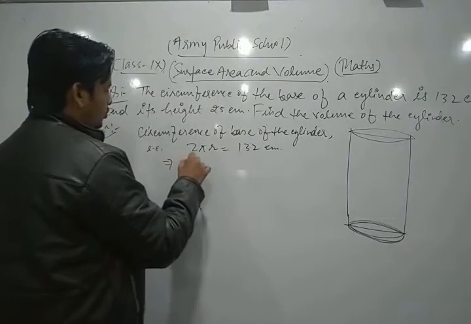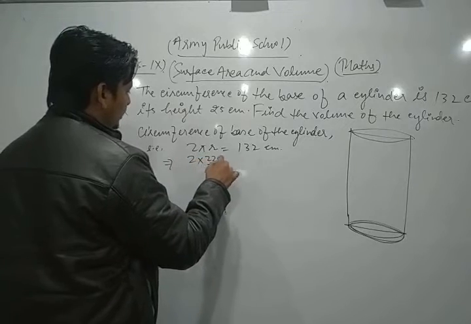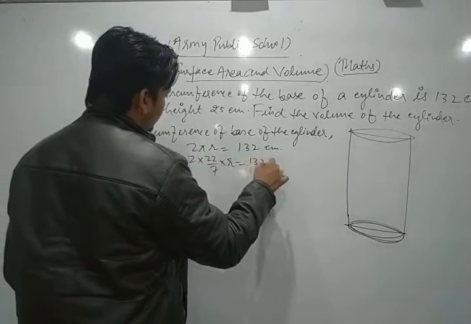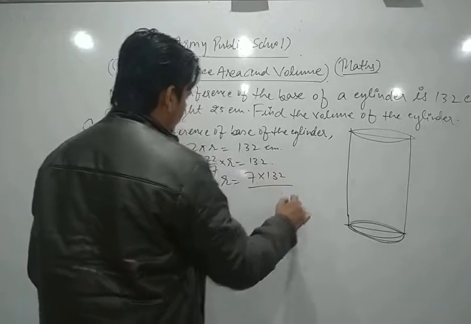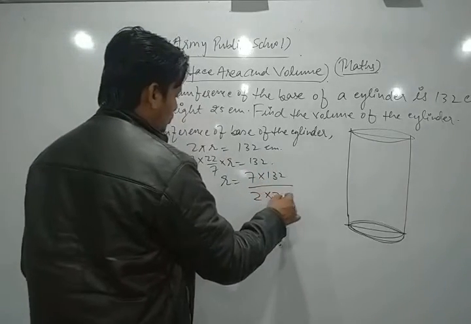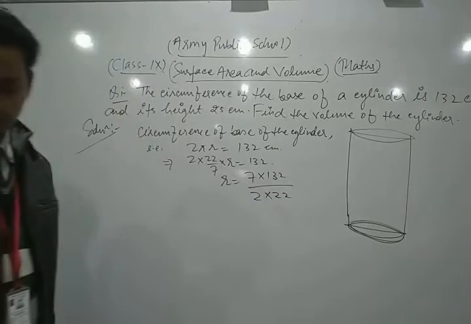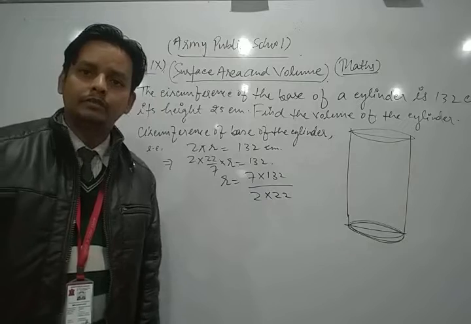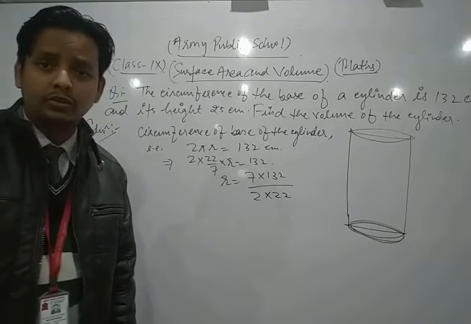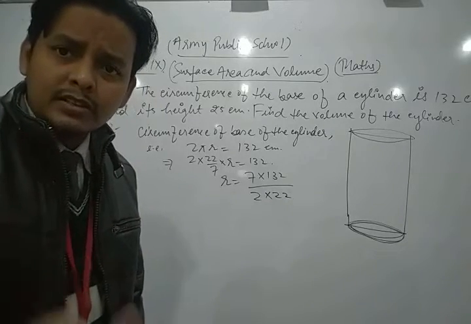Now we simplify: 2 into 22 upon 7 into r is equal to 132, so r is equal to 7 into 132 divided by 2 into 22. Now from there we simplify and find the value of the radius of the base of the cylinder.